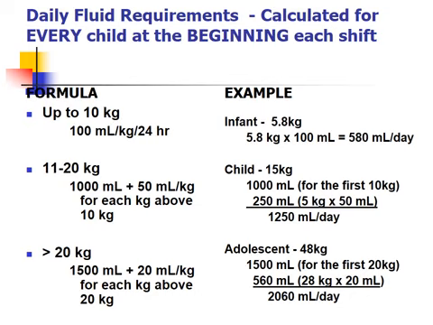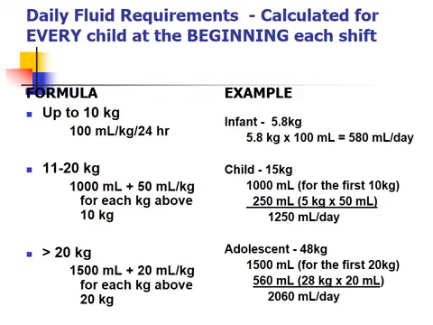And then for every kilogram over 10 kilograms, you multiply that by 50 and add it to the 1,000 mLs. And then if they're over 20 kilograms, again, the 1,500 mLs is already accounted for, and then you take 20 mLs for each kilogram above 20 kilograms.